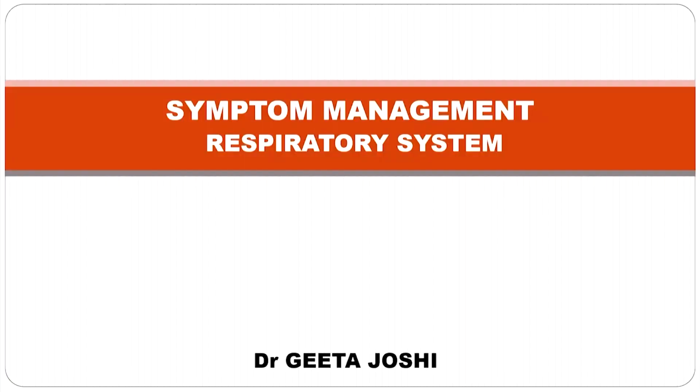The second lecture is on the respiratory system. Again, this is related to the trachea, lung, and thoracic cage. The patient may have very distressing symptoms like dyspnea, breathlessness, where he is not able to breathe, and a choking sensation. Other symptoms we'll be discussing under this heading are cough, hemoptysis, and persistent cough.